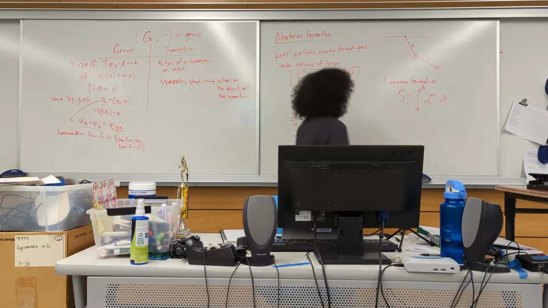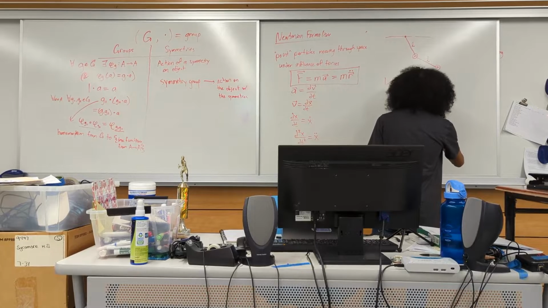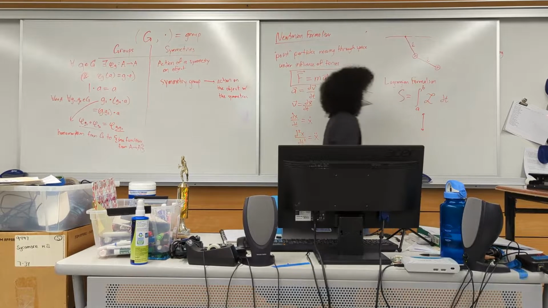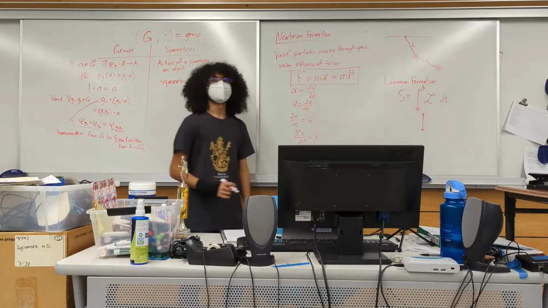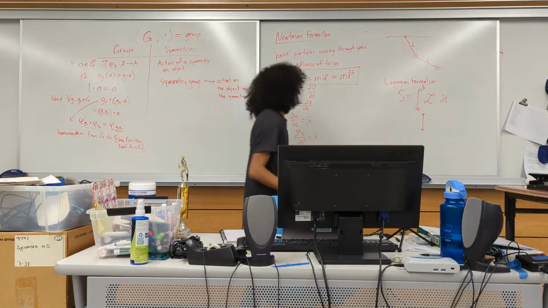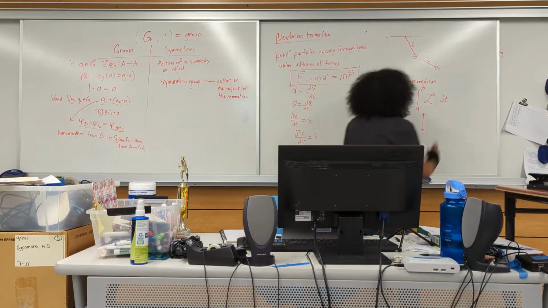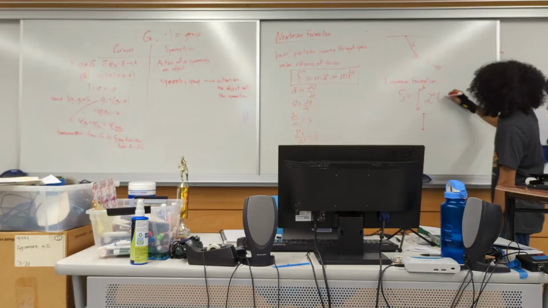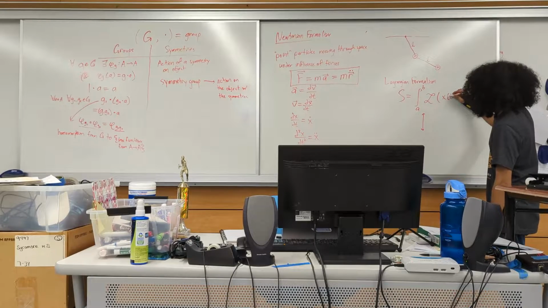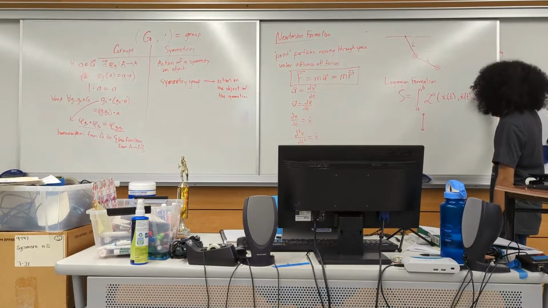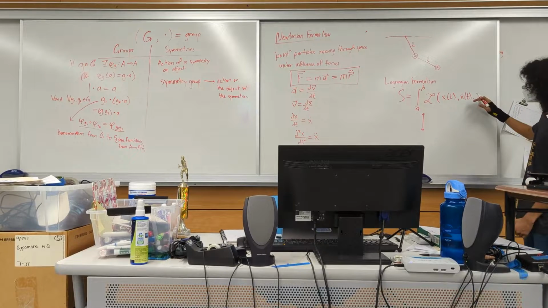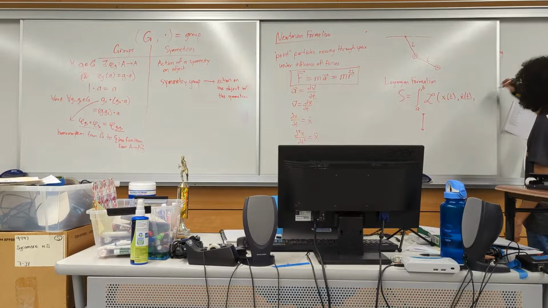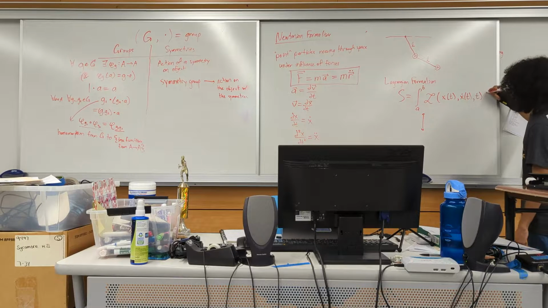What I might do, I'll either derive it tomorrow or I'll do a video at home today. But if you say this thing depends on the position as a function of time, it depends on the velocity. It may also depend explicitly on time. So if this is like an open system, that could happen.